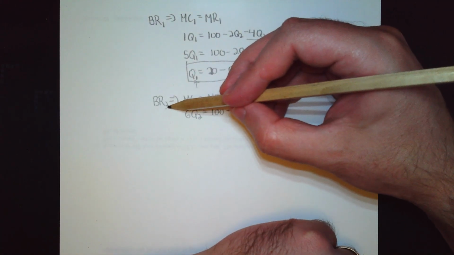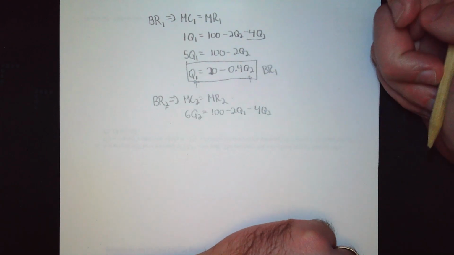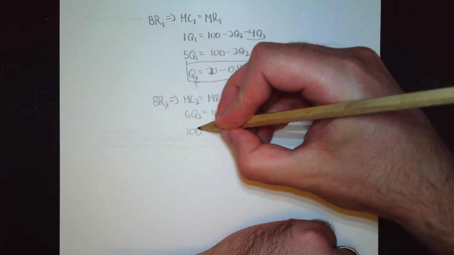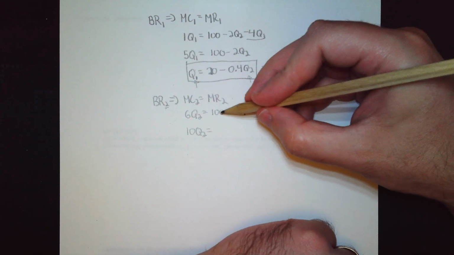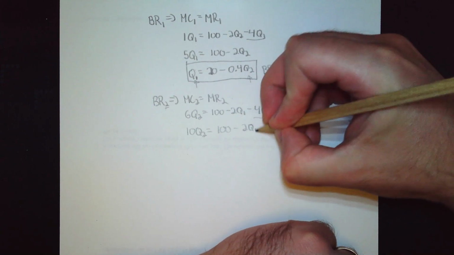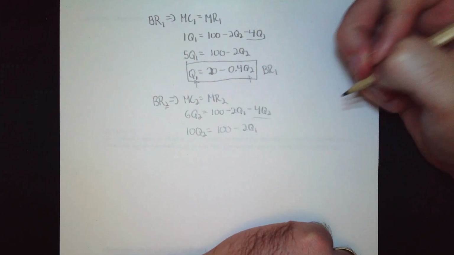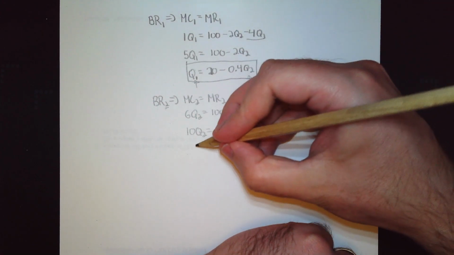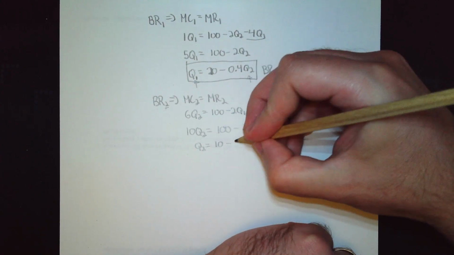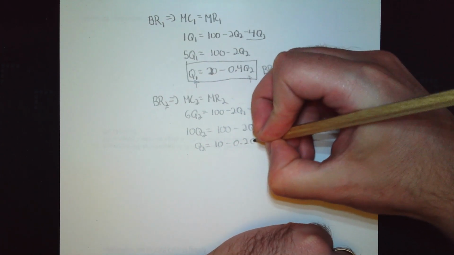This is BR2, so I want to solve for Q2 in this equation. So I'll just send this Q2 on the other side. I get 10Q2 is equal to 100 minus 2Q1. I'm going to divide by 10 on both sides. I get Q2 is equal to 10 minus 0.2 Q1.